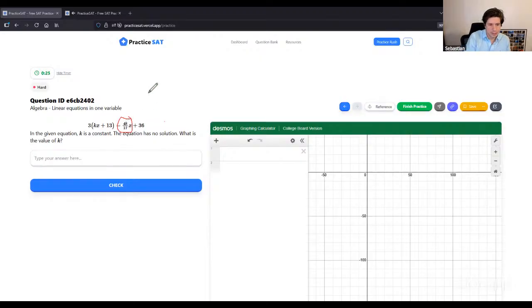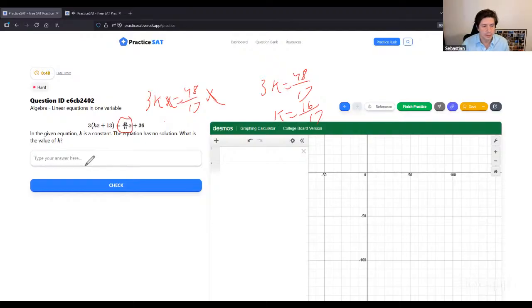So what you would say is 3kx equals 48 over 17x, and we can trust that the other part won't line up. So then the x's cancel. 3k equals 48 over 17. K equals, divided by 3, you're going to get 16 over 17, right? Exactly. I'm not going to bother calculating that out because I can just put it as a fraction.